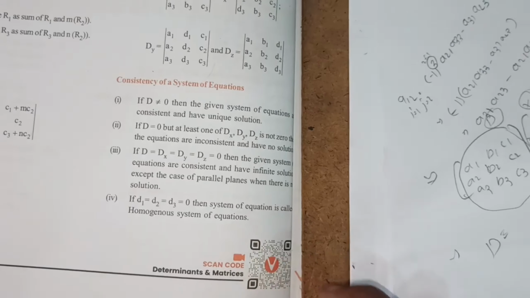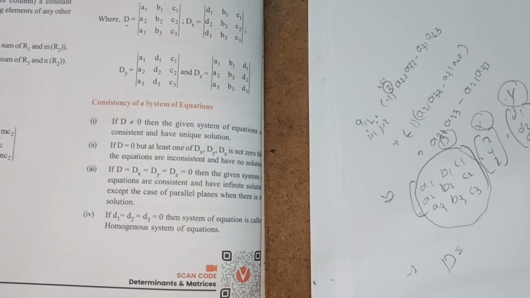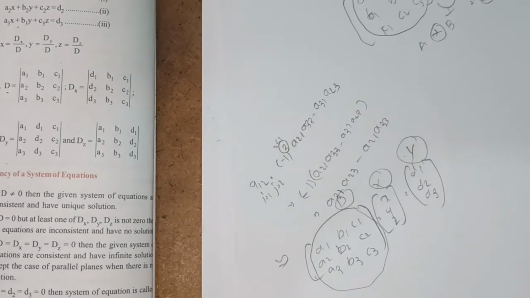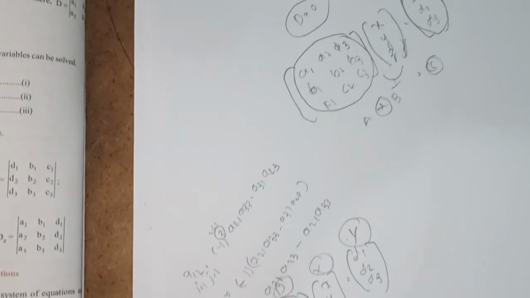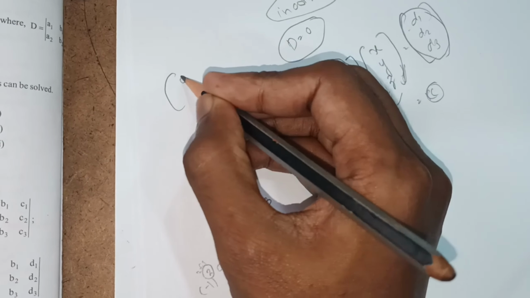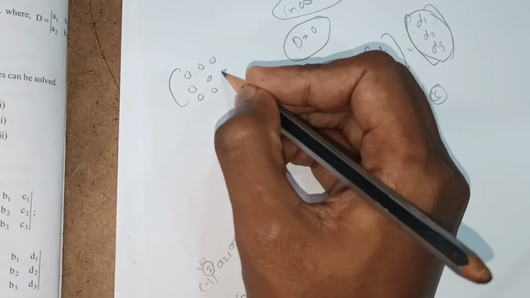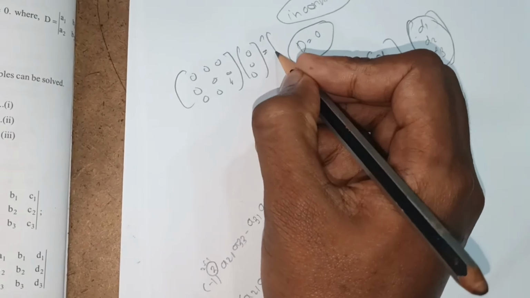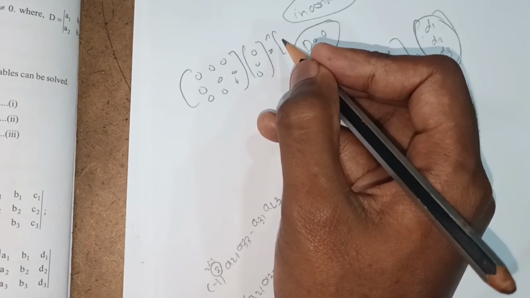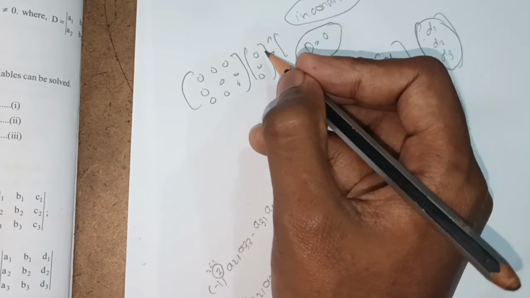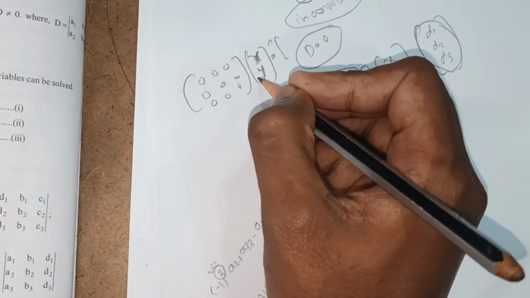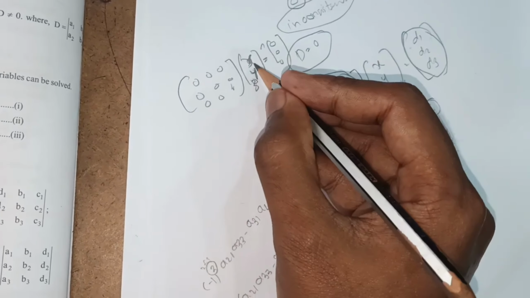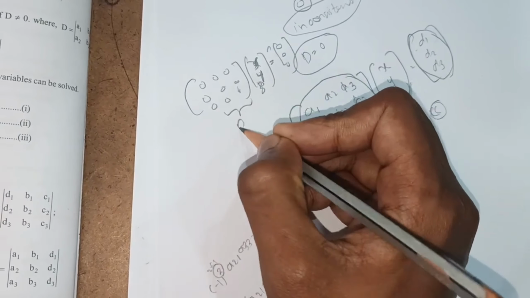So here, if all are 0, this one and also this one, for any value of xyz, this into this will be 0 here.